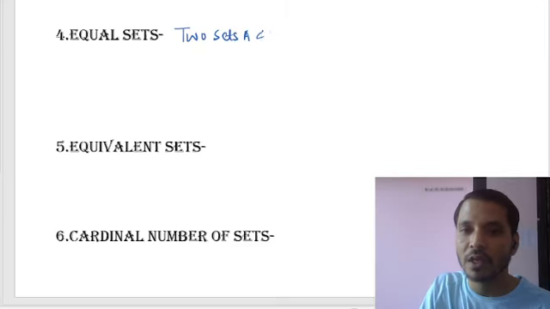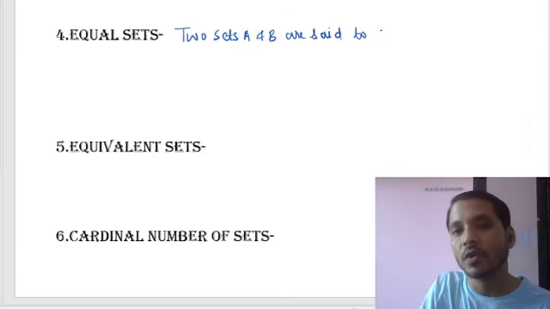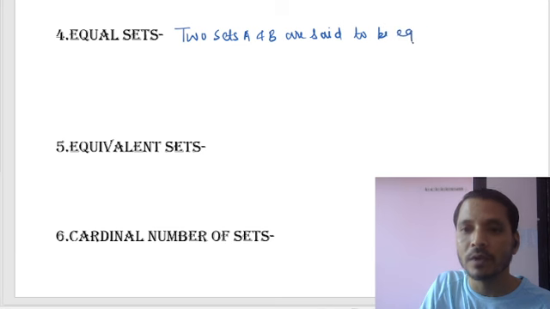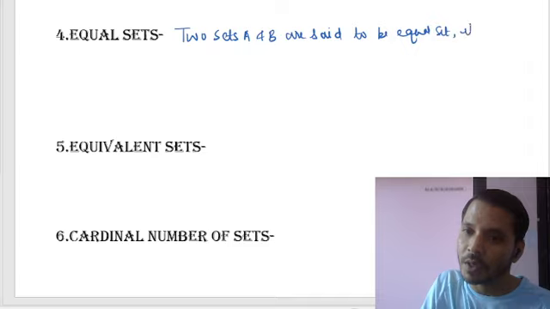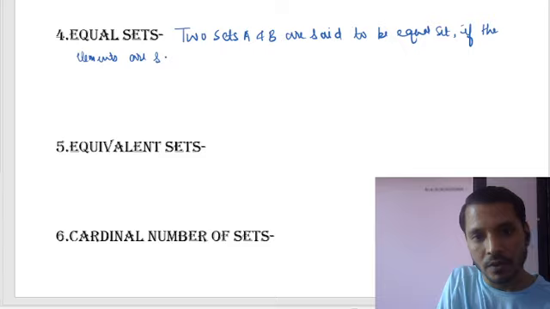Two sets A and B are said to be equal sets if the elements are exactly the same.